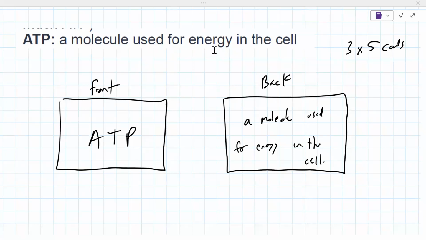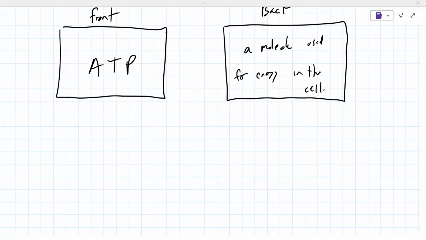Did you guys get a picture of a cell at some point in your book? Okay, that's kind of a common test question, which is like, label the cell. Do you have any of those in your notes?